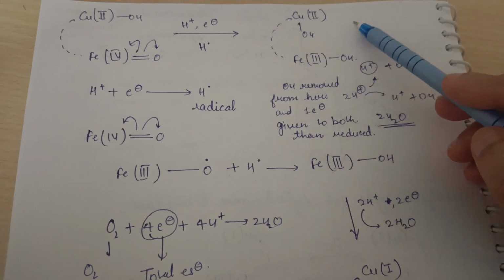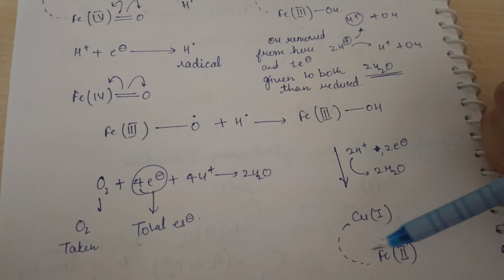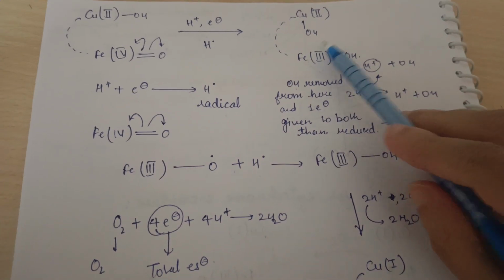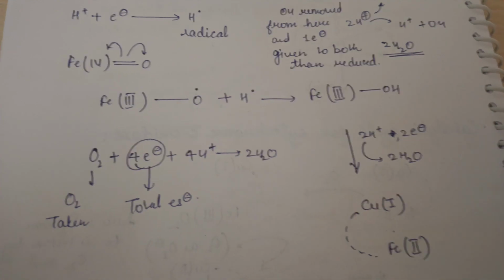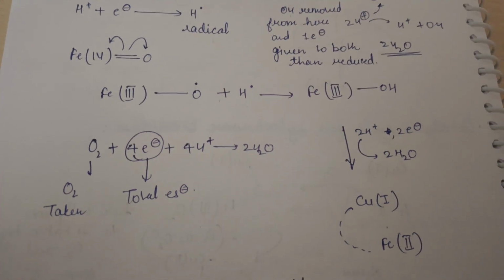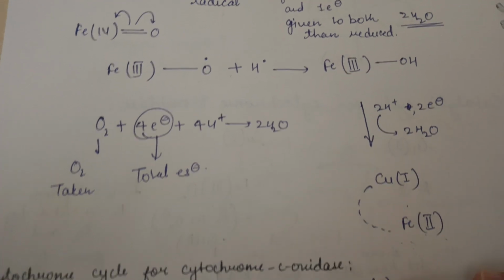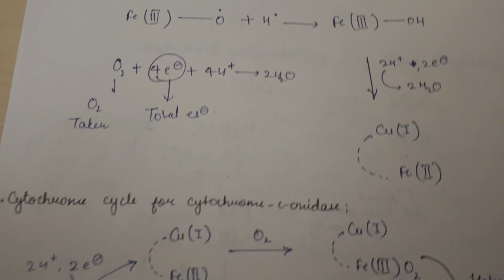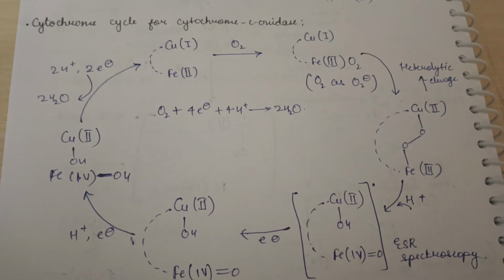This taking one electron will go to copper 1 and this taking one electron will go to iron 2, and this OH will leave in the form of water. So we got back our first step, what we initially had. So this is just in brief about the cycle.